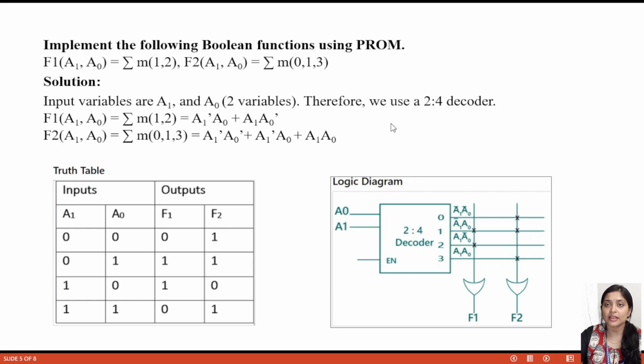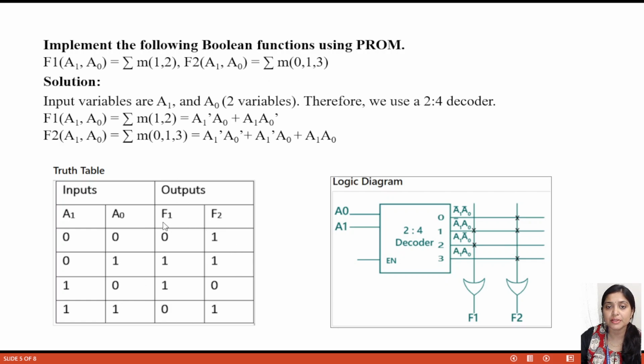Now you have to build the PROM in this way. There are 2 outputs, that means you have to represent the following Boolean functions. These are the 2 outputs, F1 and F2, and there are 2 inputs, A1 and A0. This is the minterm, summation of m(1, 2), and this is summation of m(0, 1, 3).